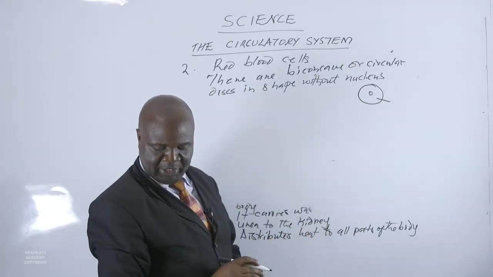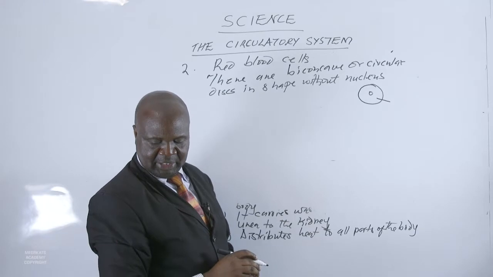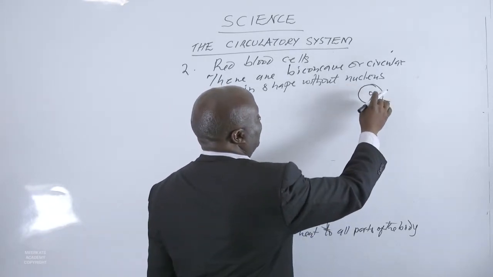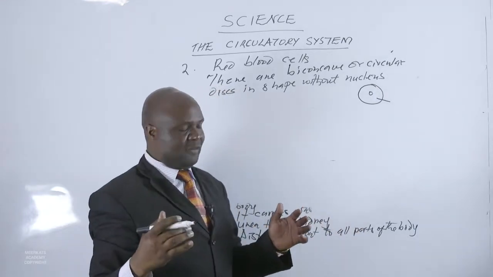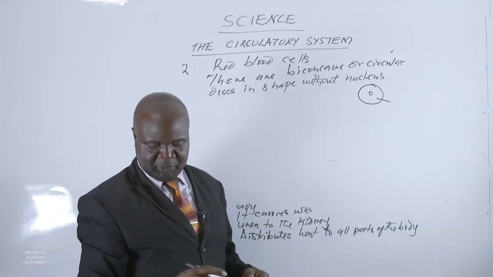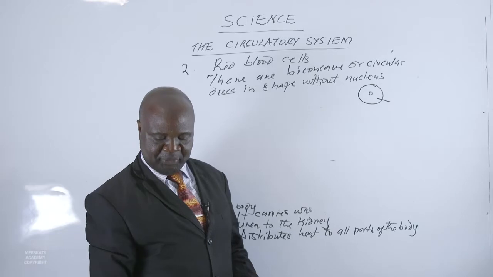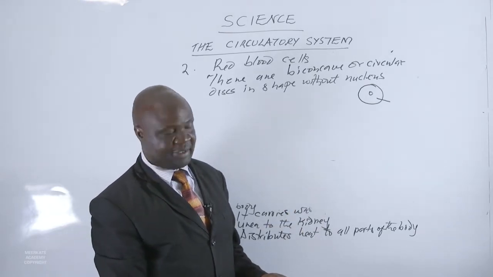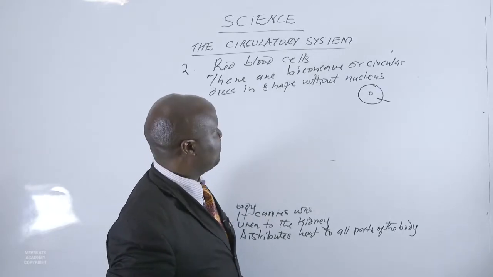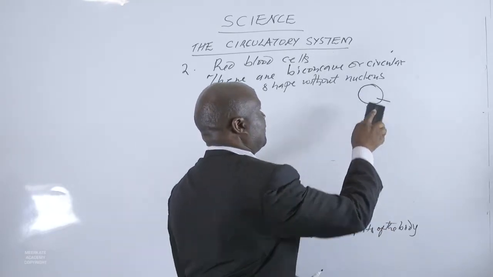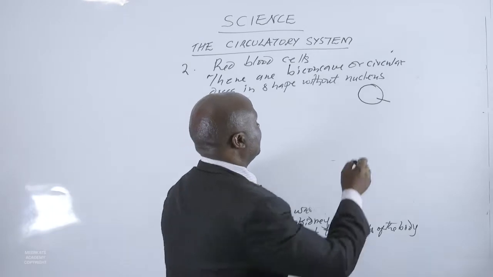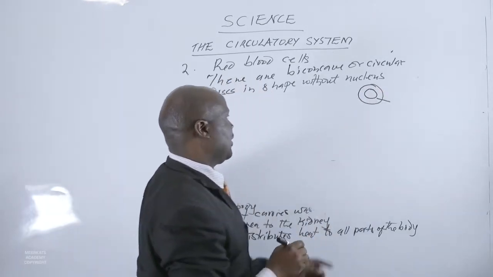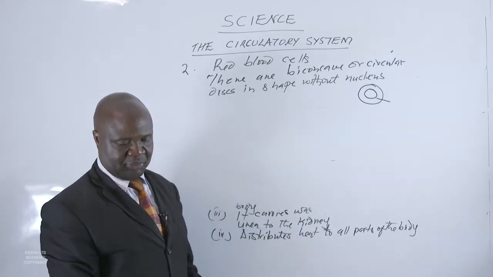Here is an example of a red blood cell, and you can see it has a very big space for transportation. Red blood cells look like so.